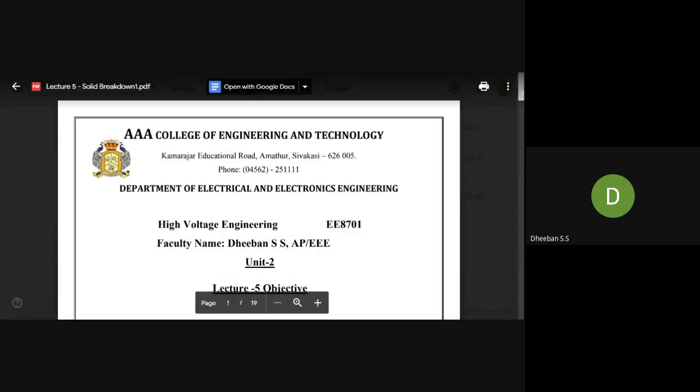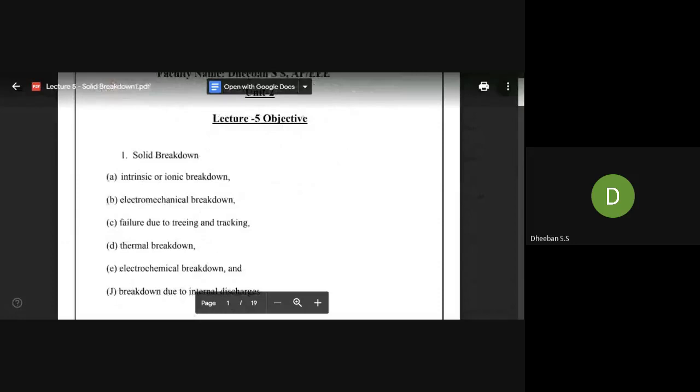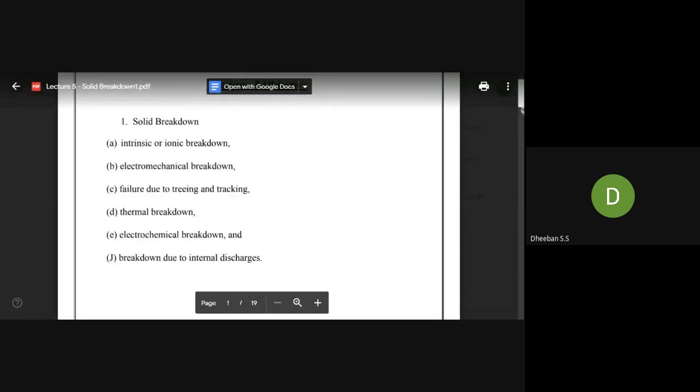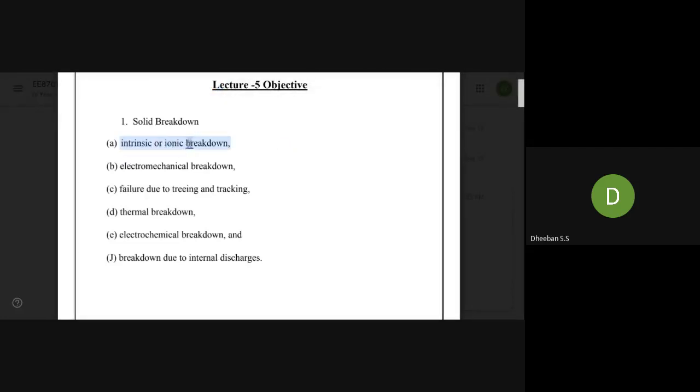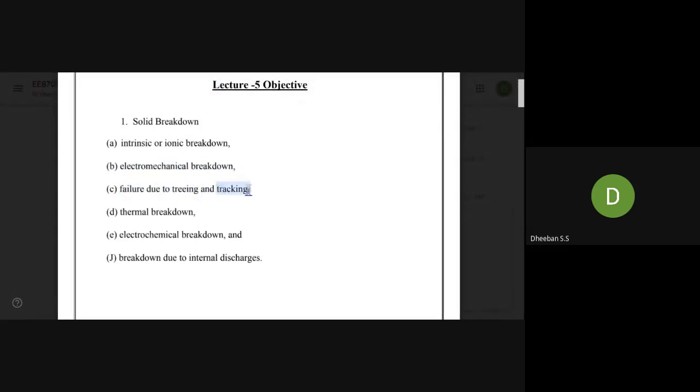In the solid breakdown, there are different types of breakdown mechanisms. What are those mechanisms? First one is intrinsic or ionic breakdown. Second one is electromechanical breakdown. Third one is failure due to treeing and tracking.